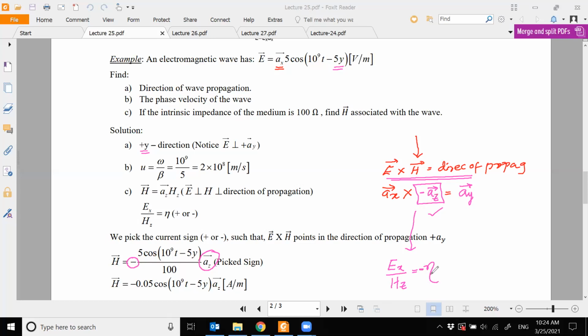This just depends on you, but you have to consider the minus sign in any one case, either with the unit vector az or with eta, not both. So you can think that this minus comes from this 100, which is your eta, because eta is given to you. It is 100 ohms.